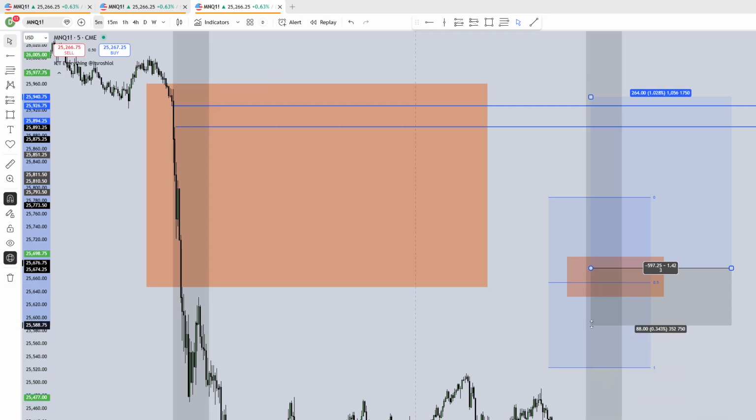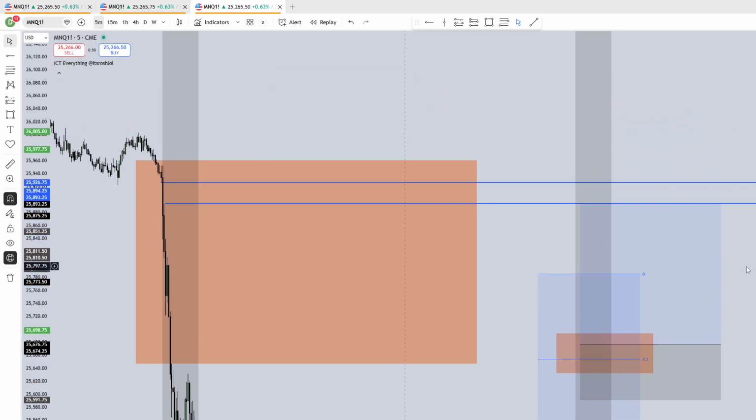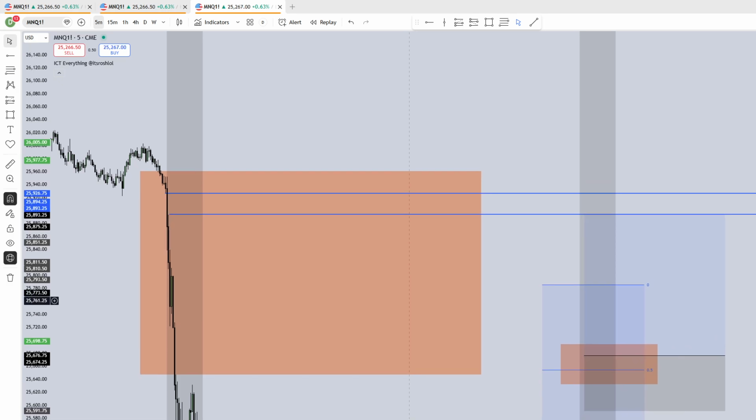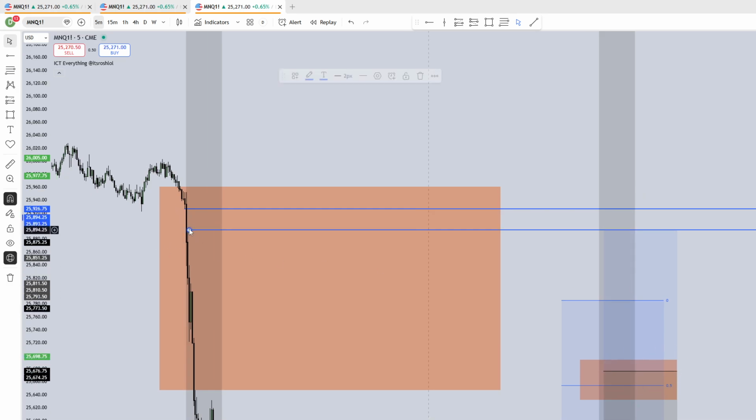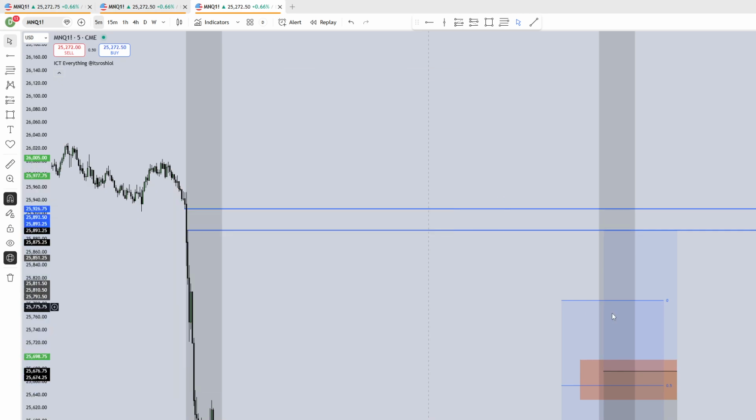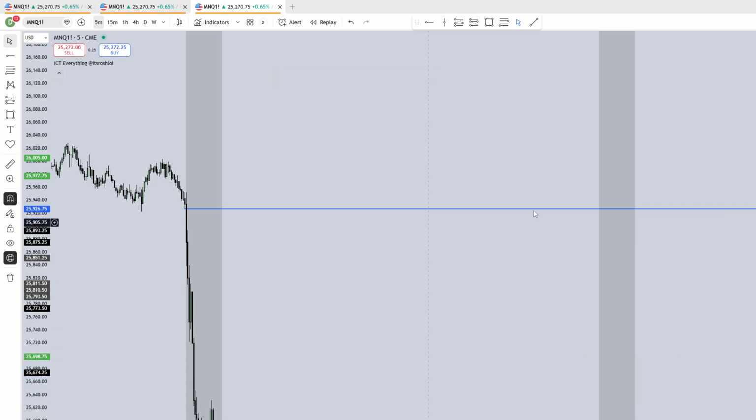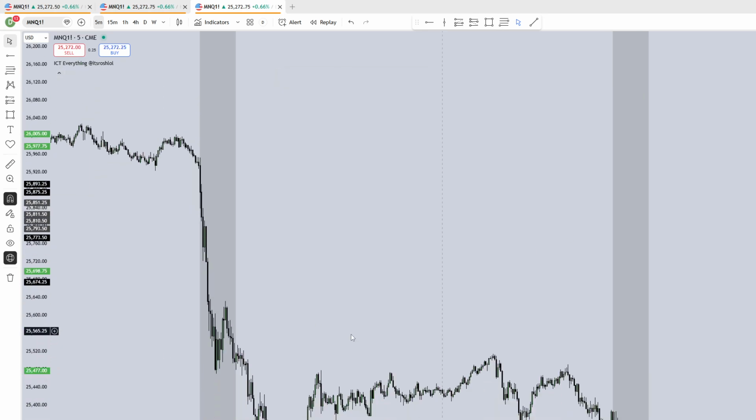Just an example. Make it long, and you put your stop in the appropriate place, using the appropriate fair value gap, and then you target this M5 imbalance within this H1. So that's just a little sneak peek on how I refine my targets intraday.